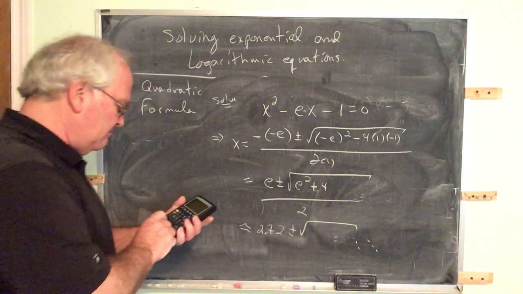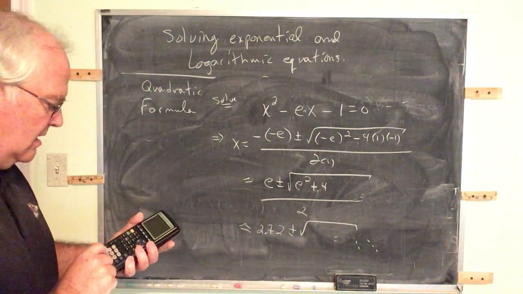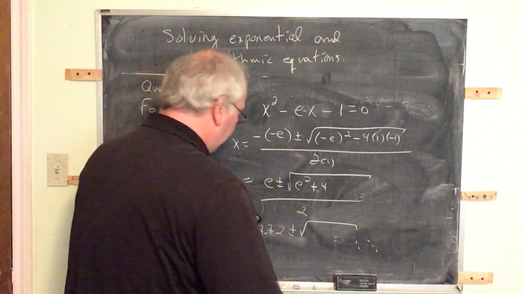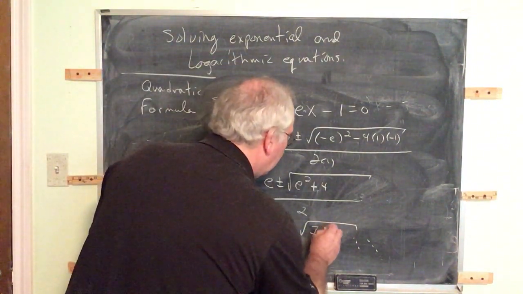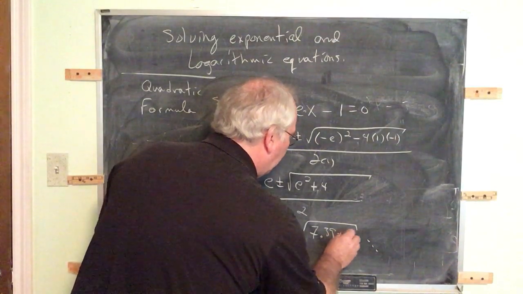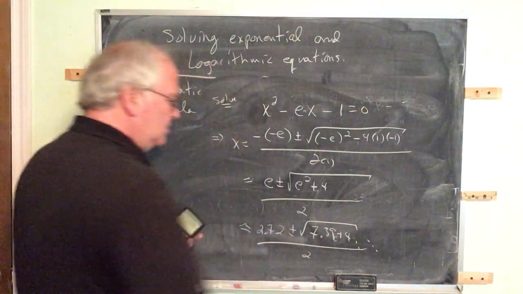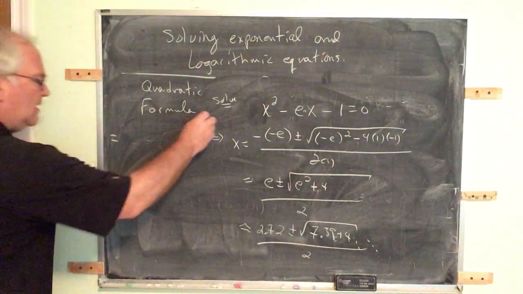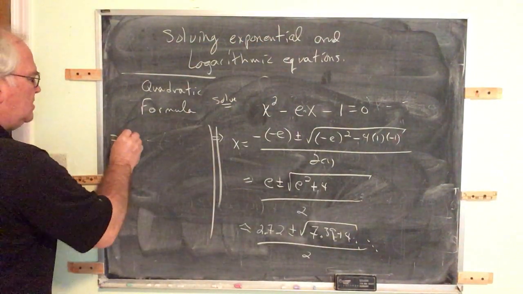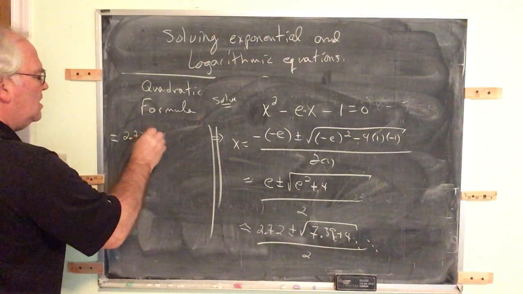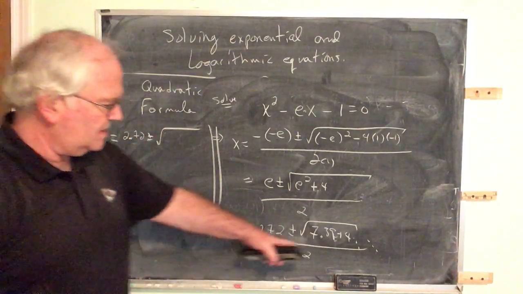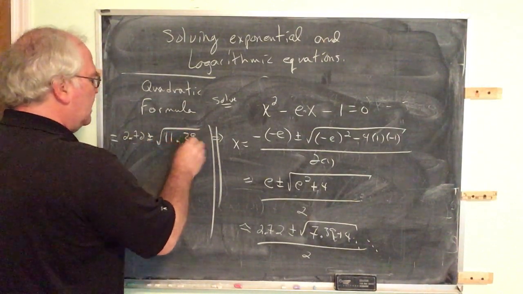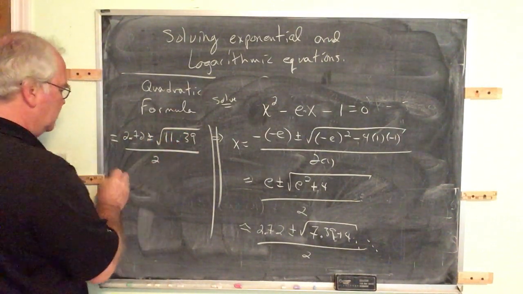Now I need e to the second power, so e to the x to the second power. I'm going to approximate that as 7.39, plus 4, all over 2. So that's 2.72 plus or minus, I'm going to take the 7.39 plus the 4, 11.39, all over 2.